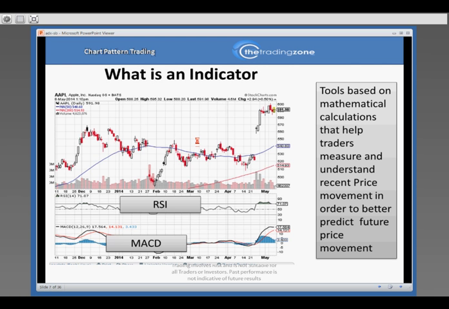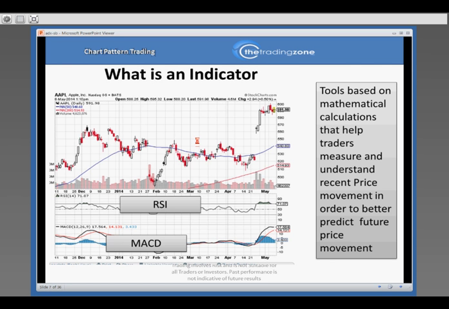So basically all these indicators do is allow us to measure the most recent price movement in order to better predict future price movement. And that's essentially what we're doing as traders. We're saying if something worked well historically, then there's a great probability that it'll repeat itself moving forward. And that's what these indicators do.